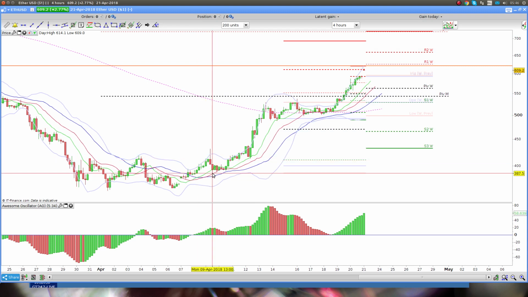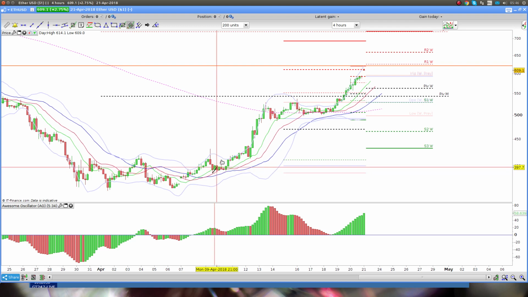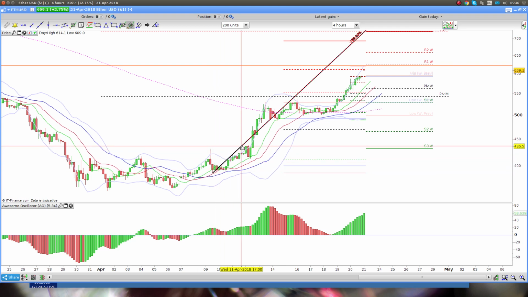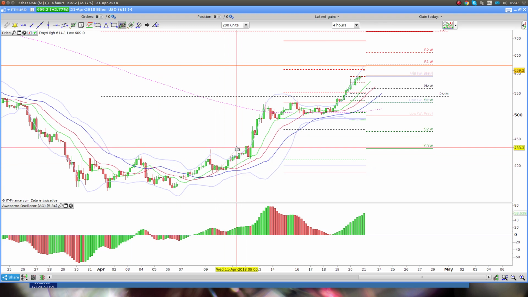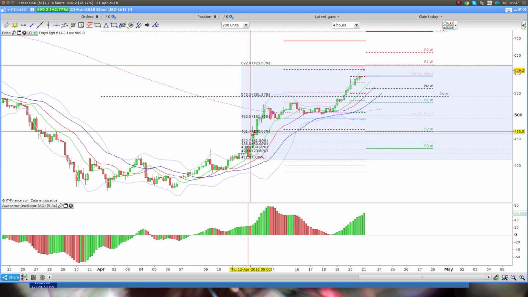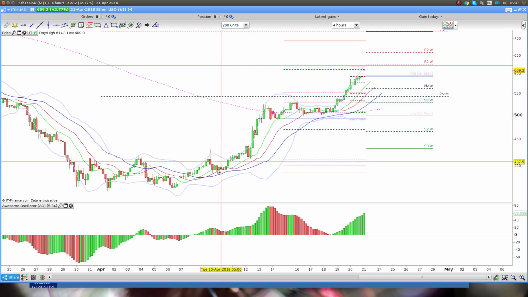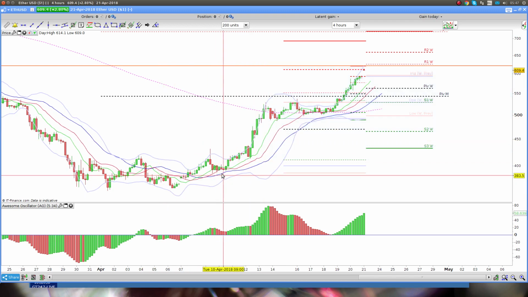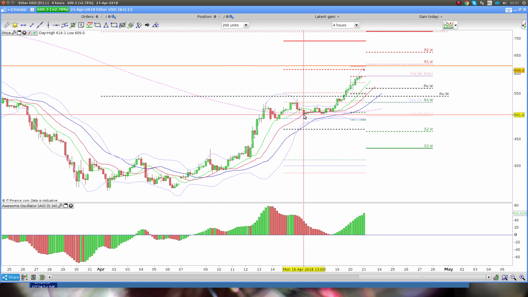That was the first one, and then obviously you had another one here. So from the low there to there to there, and it coincides with this one here. So that was the first one, that's the second one, and this was the third one.